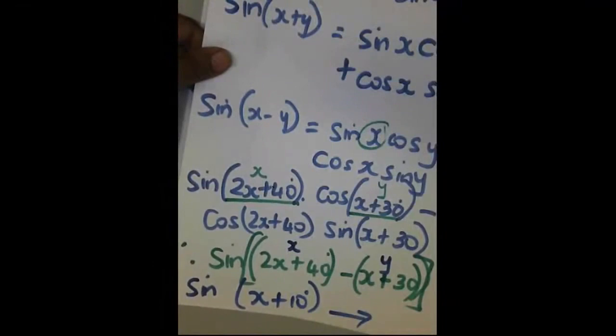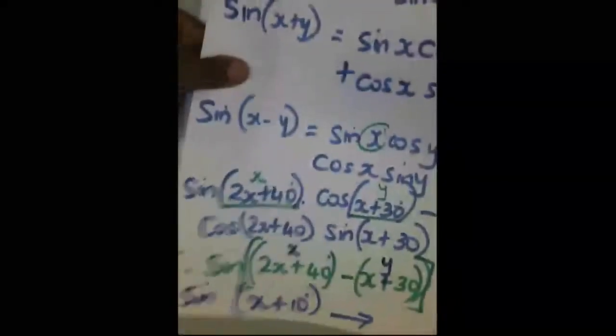So it's by comparison. Now, the general solution. Now, there are 5 ways in which I can find solutions to equations, but I just want to look at how we find a general solution. So I have found out that all of this, cos 2x plus 40, whatever and whatever, gives me sine of x plus 10 degrees.